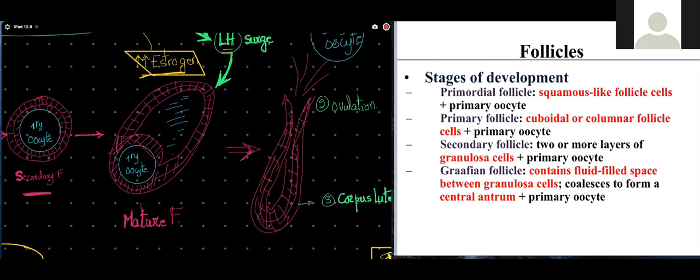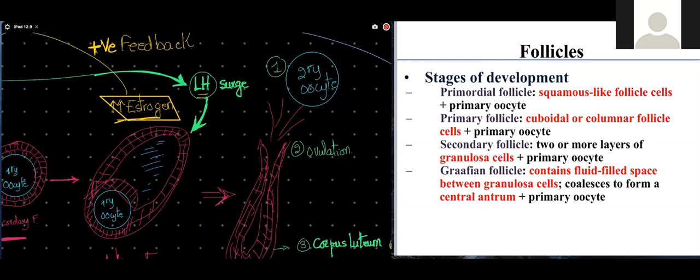Remember, there are three consequences of the LH surge. First, you've got a completion of meiosis 1. The primary oocyte kept in this Graafian follicle will become a secondary oocyte. So I've completed the first cell division of meiosis.